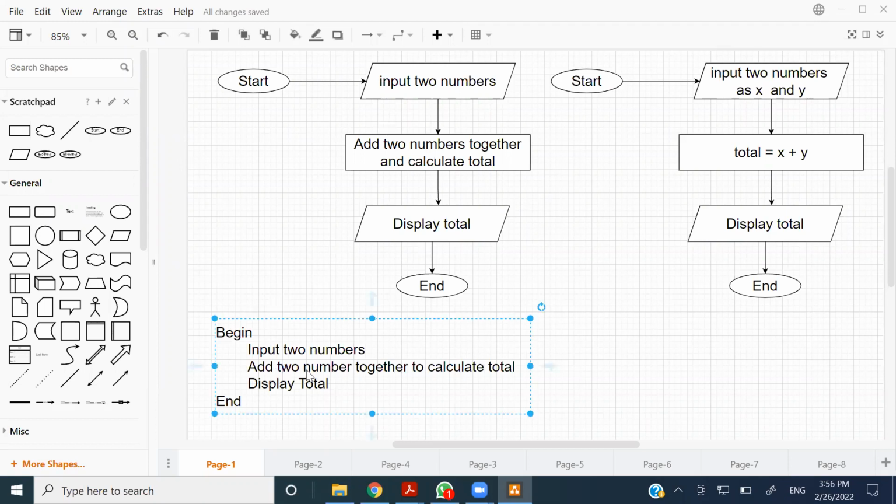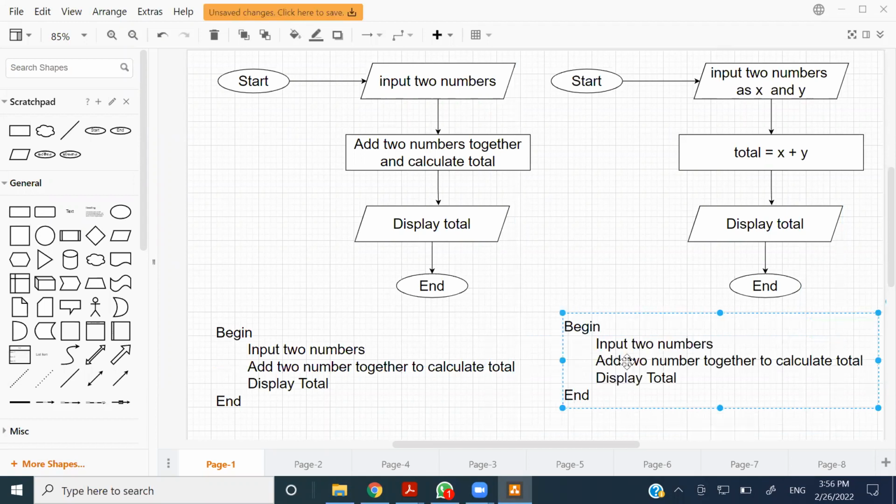So how we are going to write the pseudocode to the method 2?